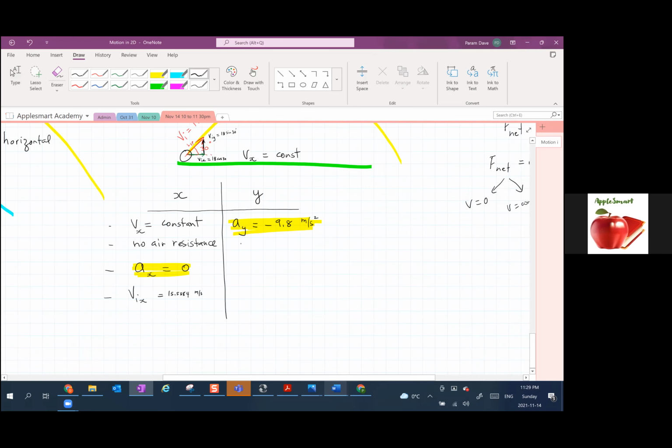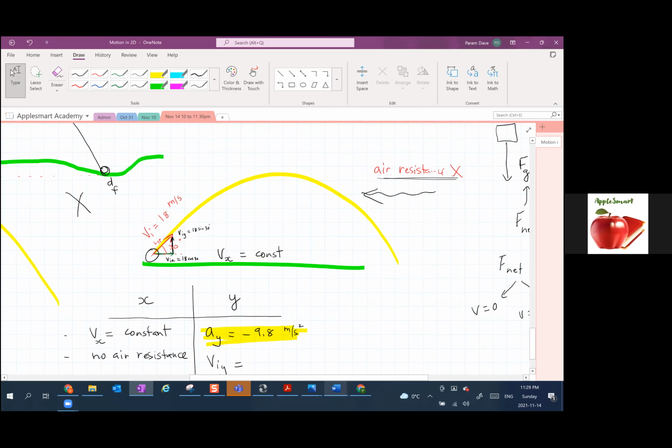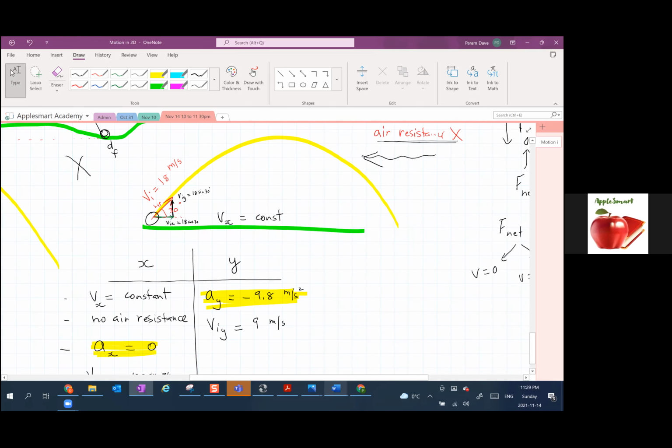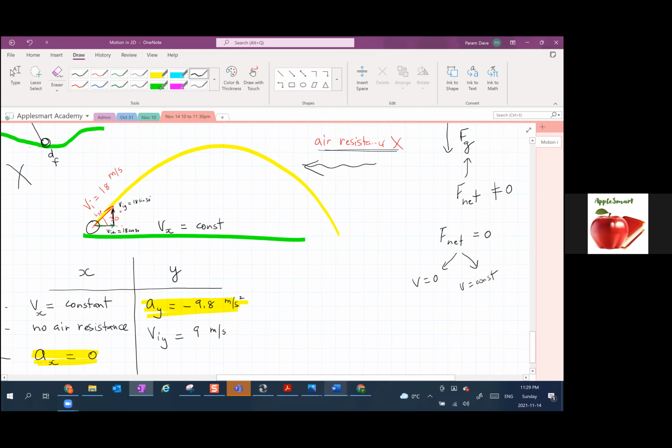Similarly, we can find Viy, and that is going to be 18 sine 30 degrees, so that is a flat 9 meters per second. Now, one last thing I want to make a note of is the time. The time for the x and the y parts of the motion is going to be the same.